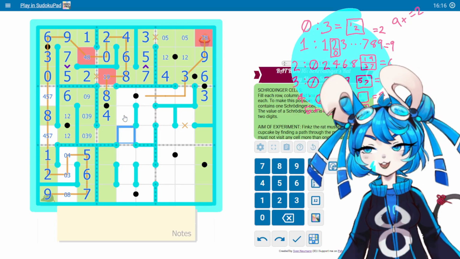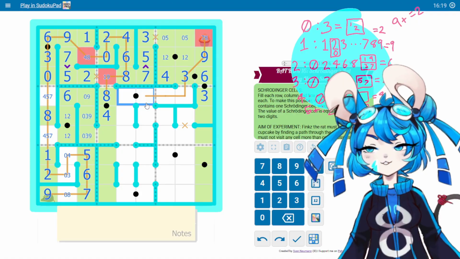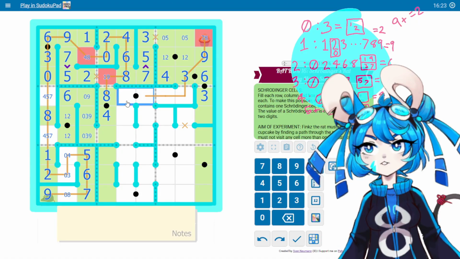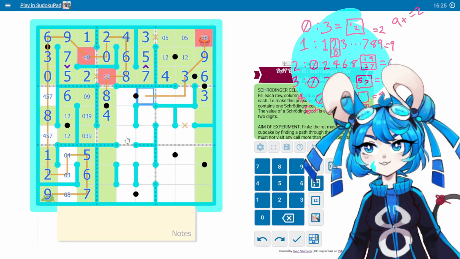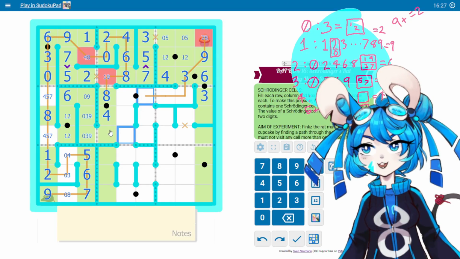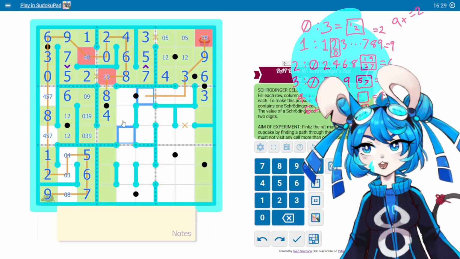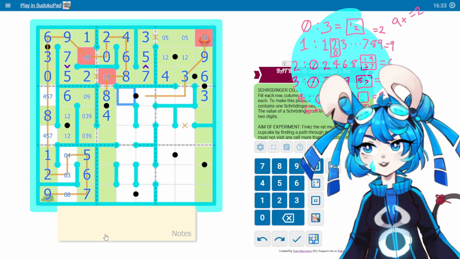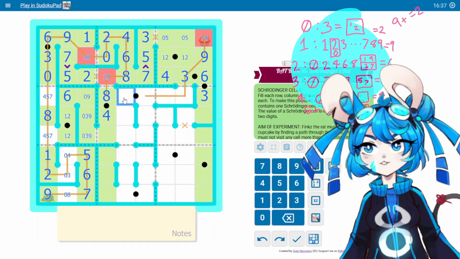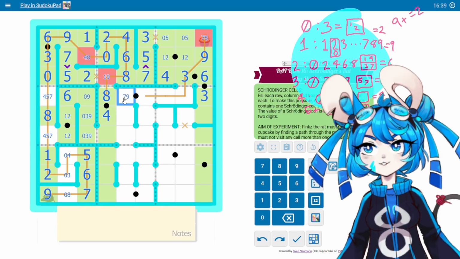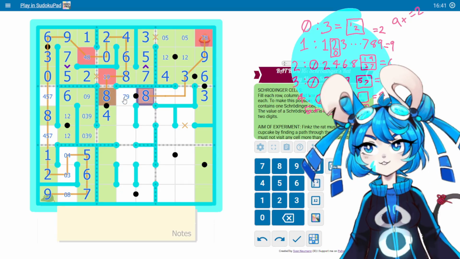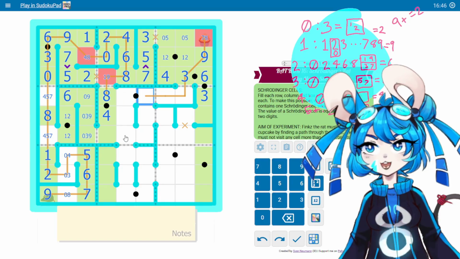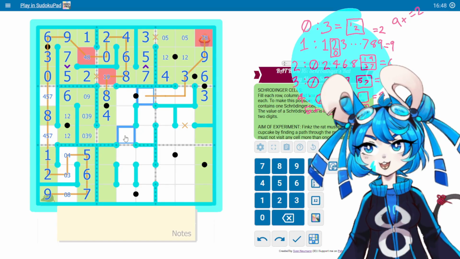And that also means that this Kropke dot won't work, because this needs to be an 8. The last digit needs to have a value of 8. And the only thing that could go next to an 8 is a 4, or I suppose potentially a 16. I guess if this is a 9-7, then this could still be... Oh wait, duh, the Schrodinger cell needs to be the 8, the second 8 in that box.